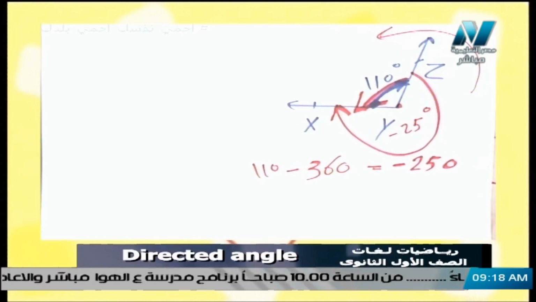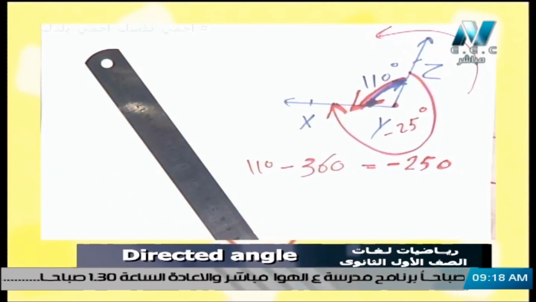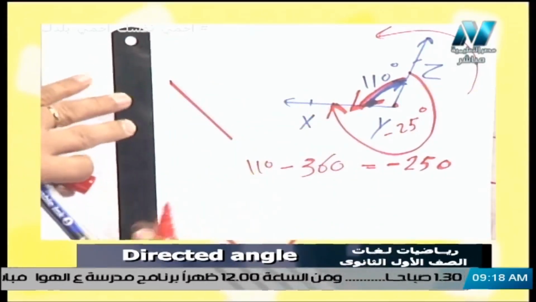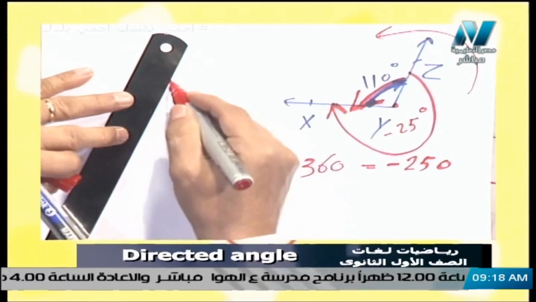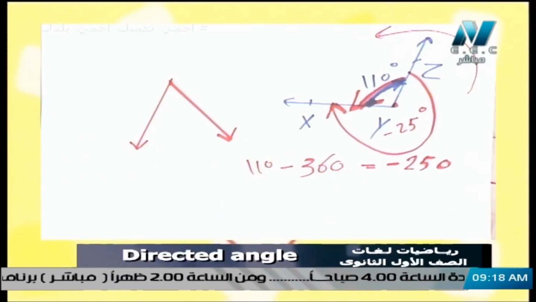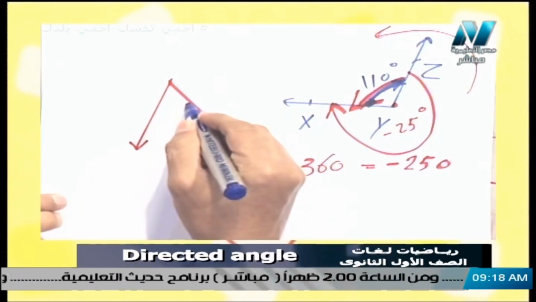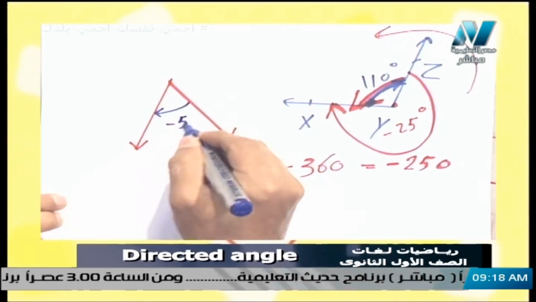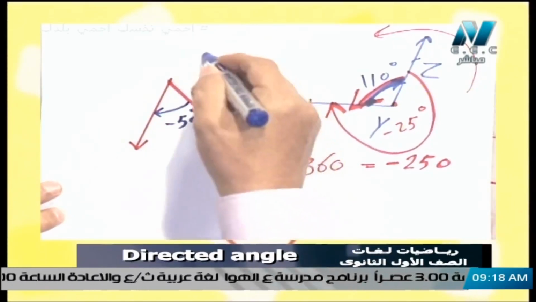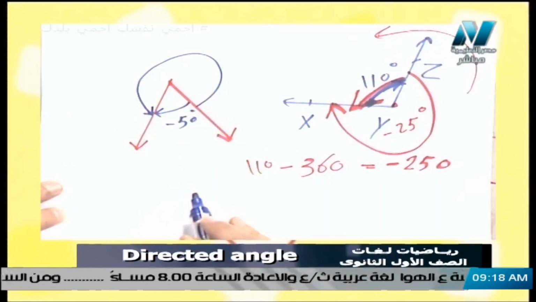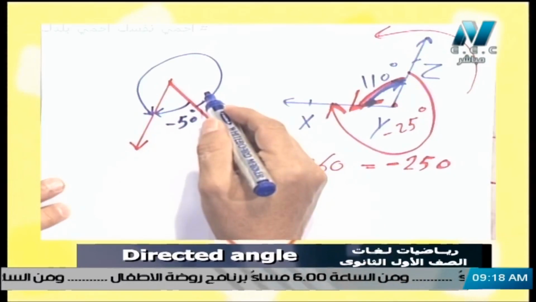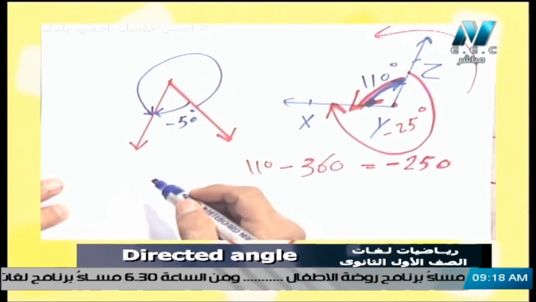And also we can find the positive angle of another negative angle. If we have an angle like this, and we have here a negative 50 angle, the positive angle of this angle will take this direction, and it will have a measure of the remainder of 360.